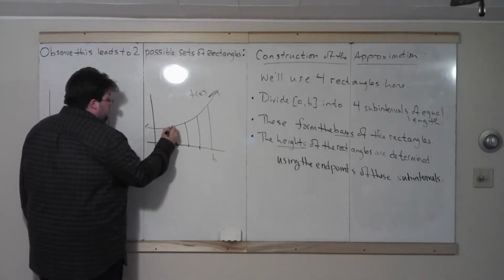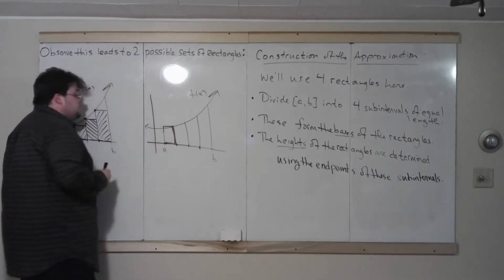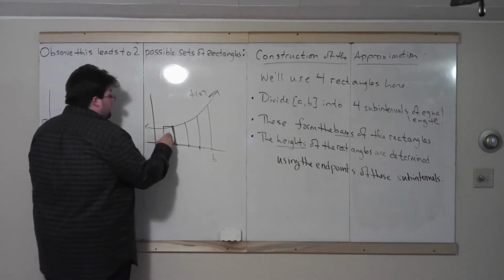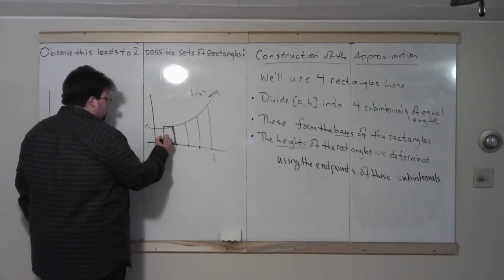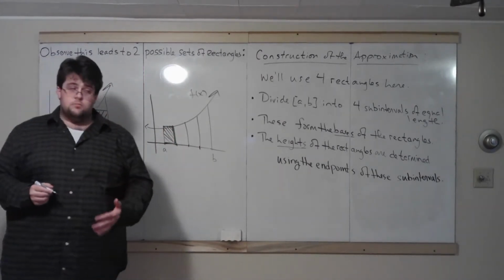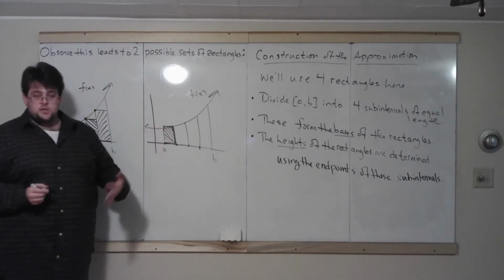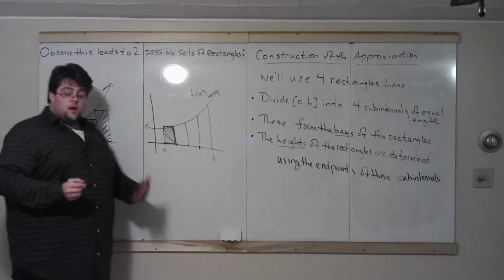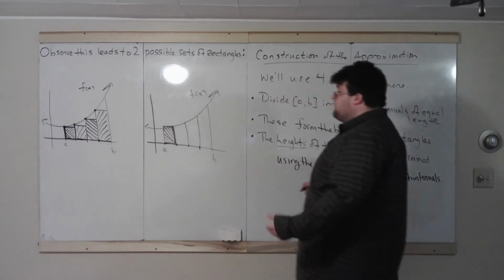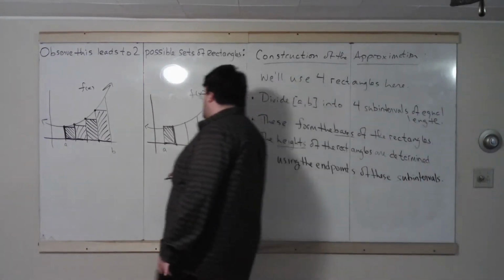And we're going to use the right endpoint to approximate the first strip of that area. So notice here, in this case, that is an approximation because it's a little more than the exact area, but it's an area we can find because we can find areas of rectangles. And we're going to do that for these other 3 strips as well.